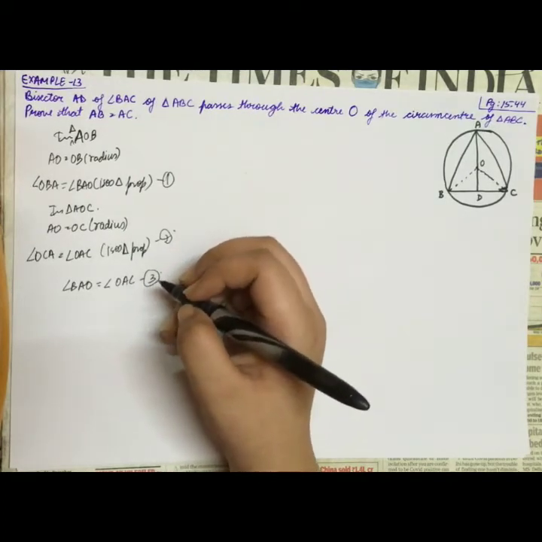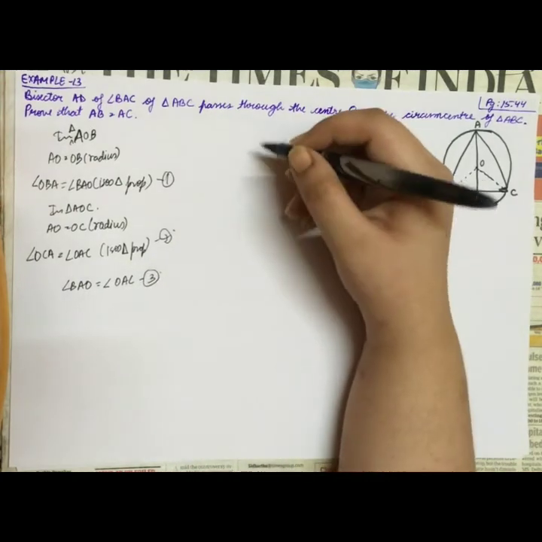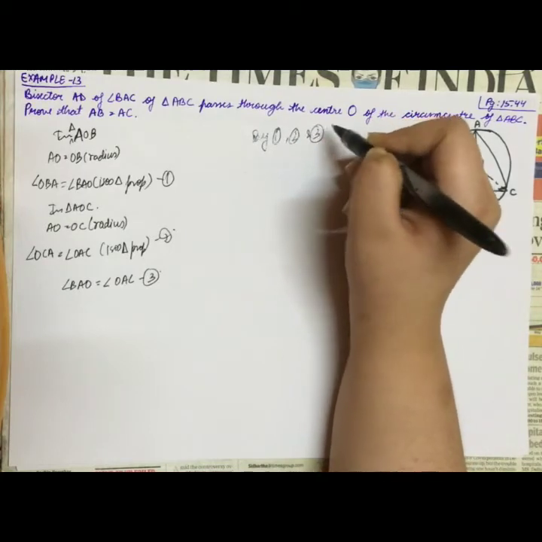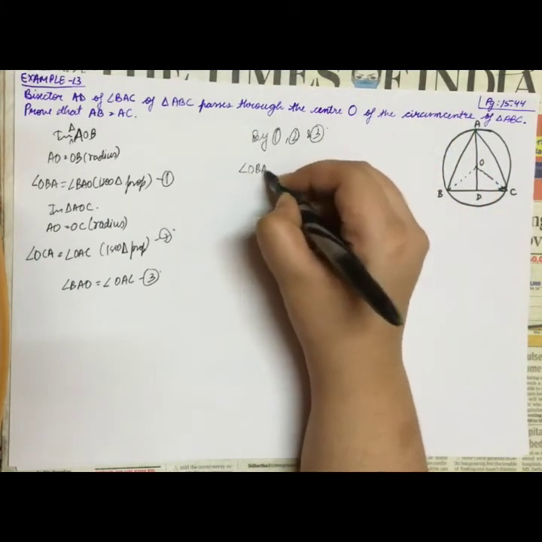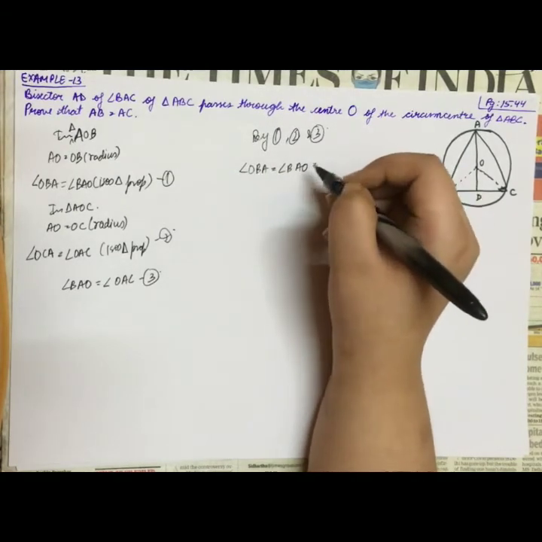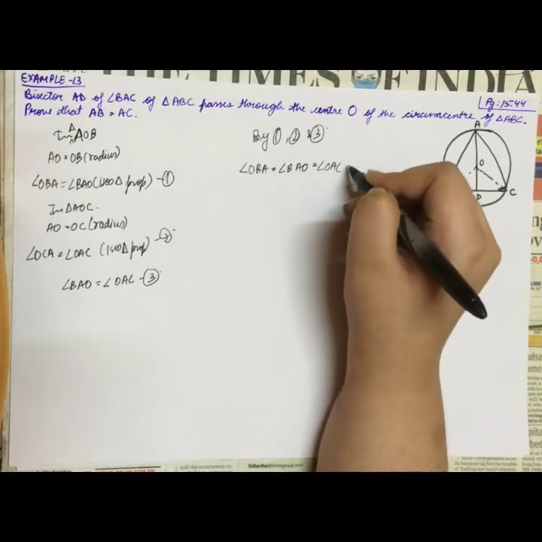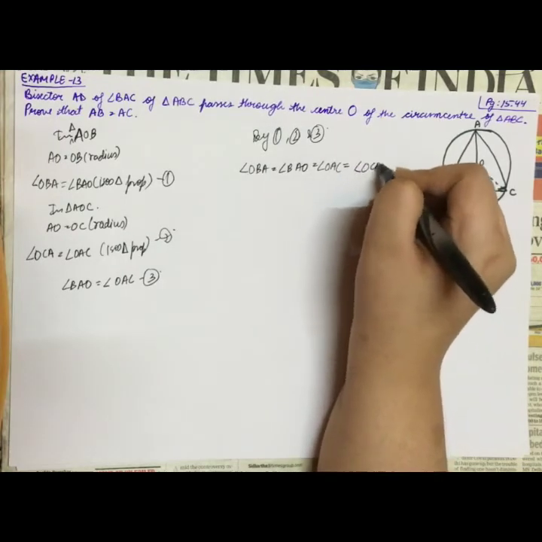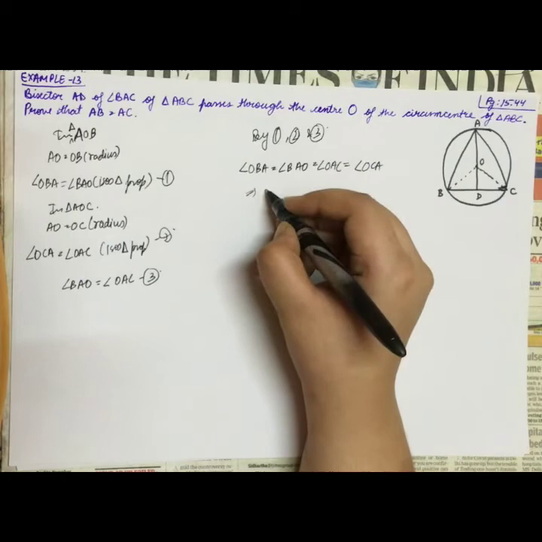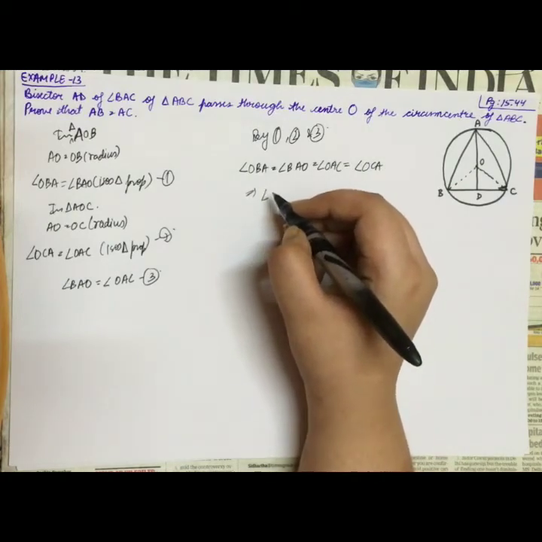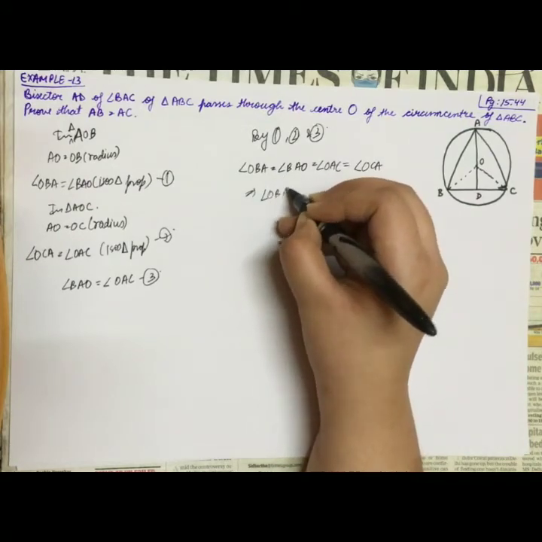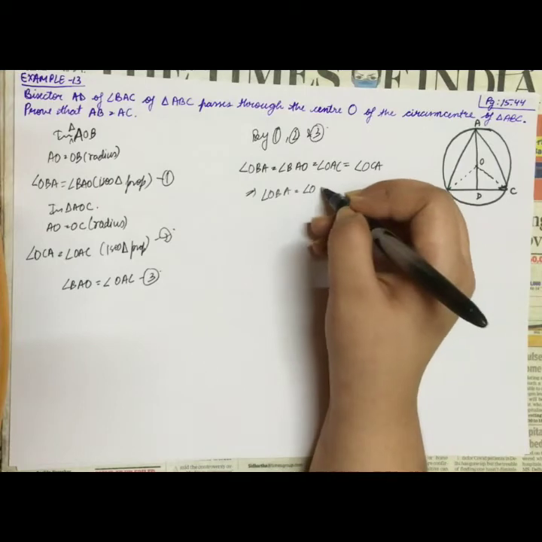Now by comparing 1, 2 and 3, we can see that angle OBA is equal to angle BAO and angle BAO is equal to angle OAC and angle OAC is equal to angle OCA. Therefore we can say that angle OBA is equal to angle OCA.